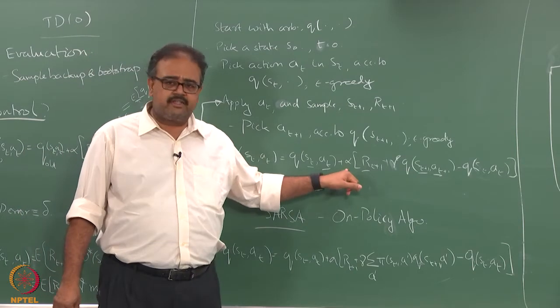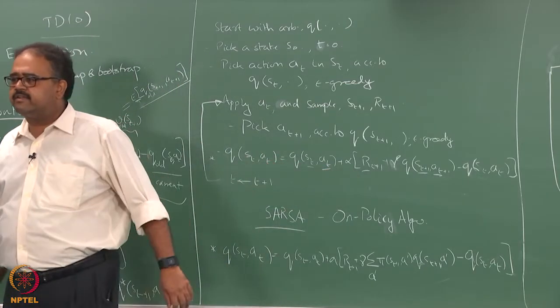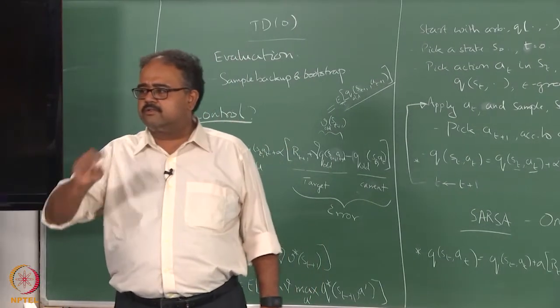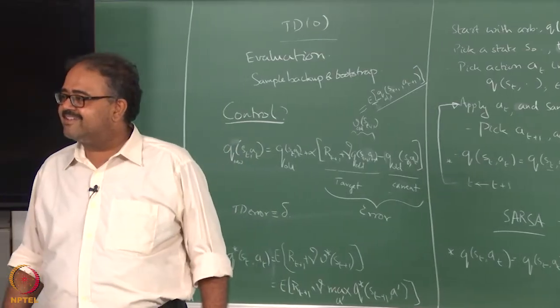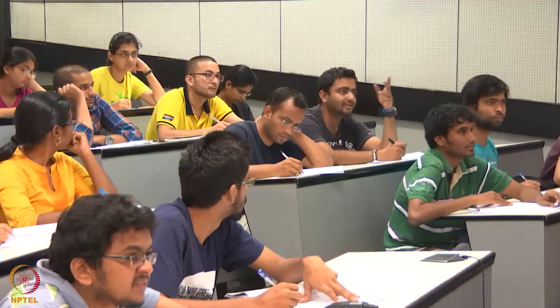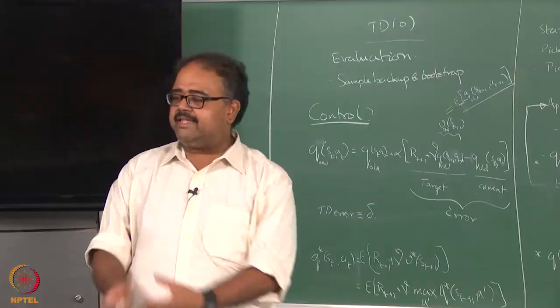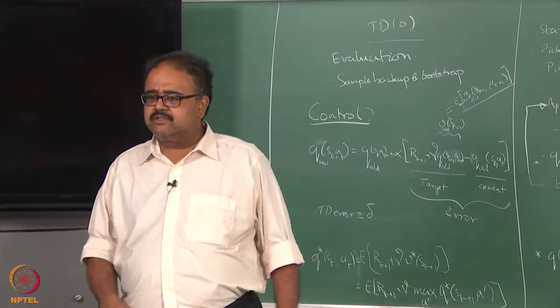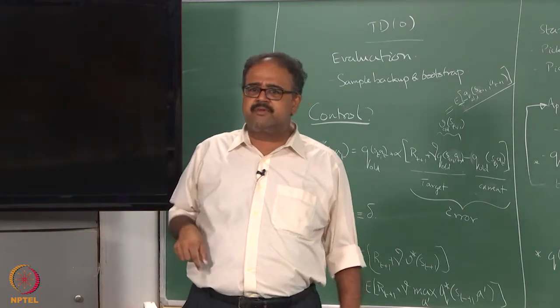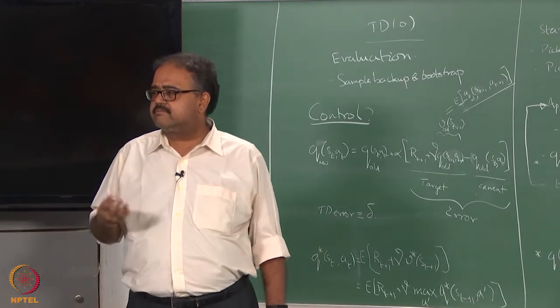Yeah, for alpha you have the usual stochastic averaging formula, right? 1 by T is one thing that will fit the conditions. So summation of alpha should be infinity, summation of alpha squared should be less than infinity.